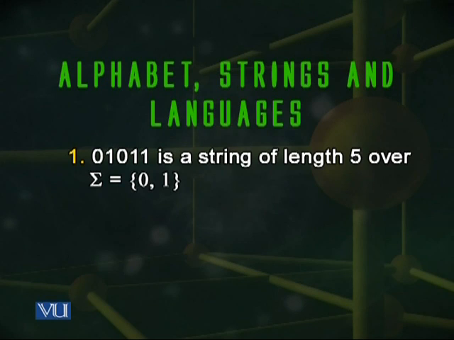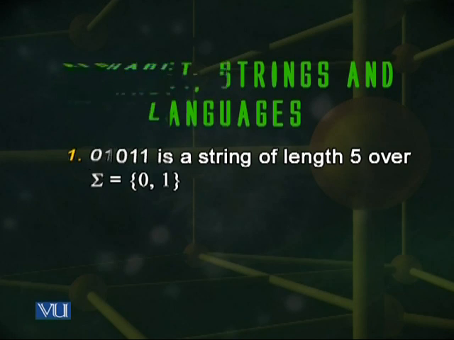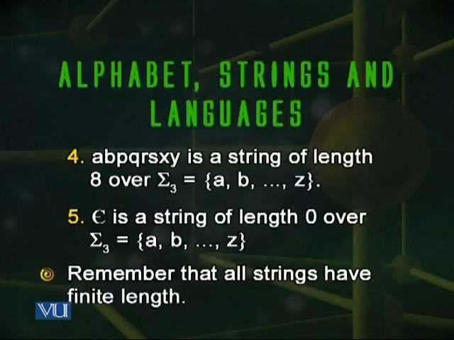Once again, 0 is the third symbol in this string. 1 is the fourth symbol in this string. And finally, 1 is the fifth symbol in the string. This string consists of only 5 characters. One very important thing to remember about strings is that they all have finite length.